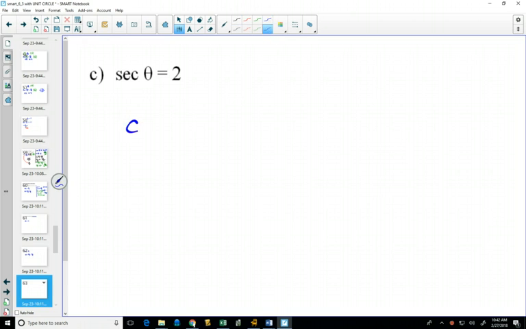So first of all, if secant theta is 2, that means cos of theta would be 1 over 2. Is that on our unit circle? Is our x-coordinate ever 1/2? What family?